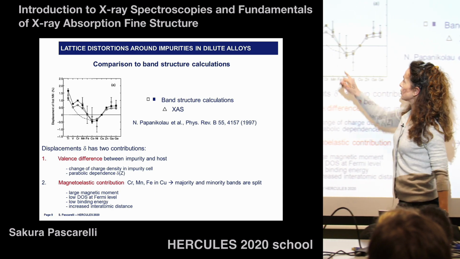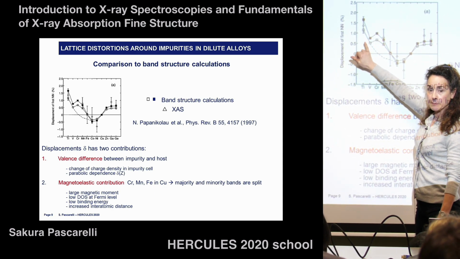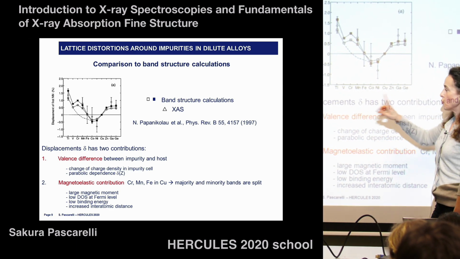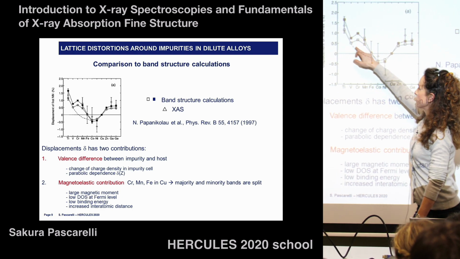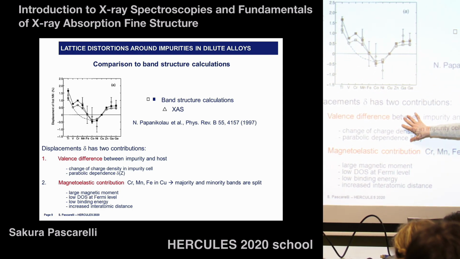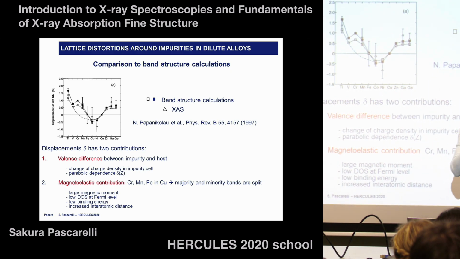Because the theoreticians were able to reproduce with their theory exactly the same behavior, but they could do it only by adding two effects. One is this sort of parabolic shape, which comes simply because you have a valence difference. When you put, for example, nickel into copper, you have 1 electron less.